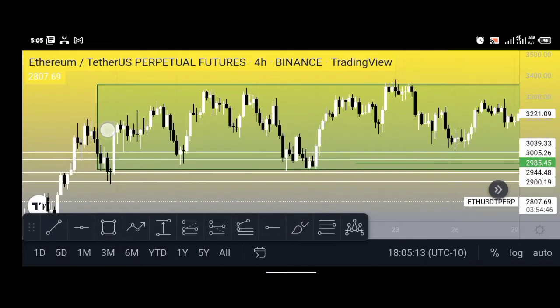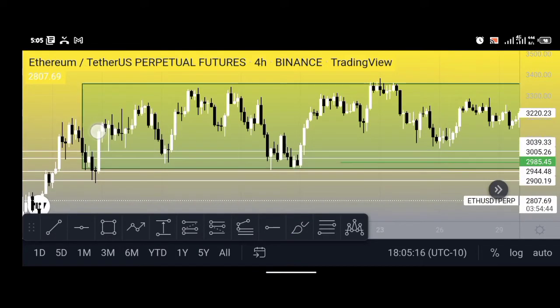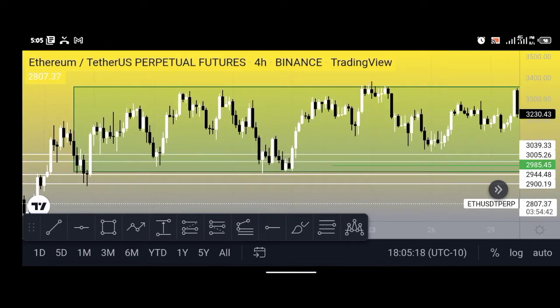So if you want to place a trade in the ranging market, you will come to the support of the chart.